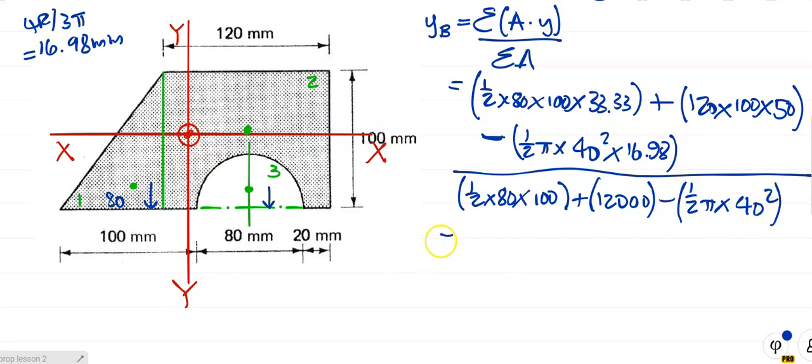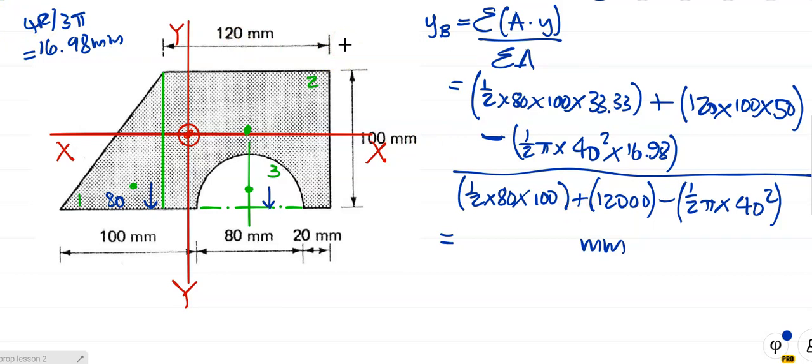Work out the answer, and of course, it must be in millimeters. If you leave the millimeters out, I take a mark off because I'm feeling happy. It's a distance, and all dimensions are in millimeters, so it's millimeters. Work out the answer and check yours against mine.